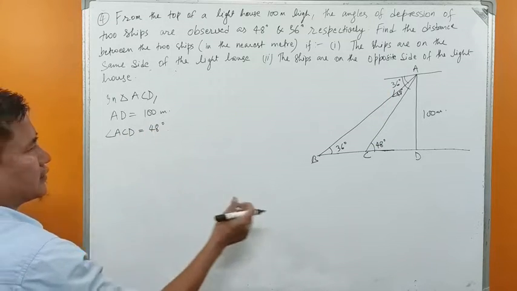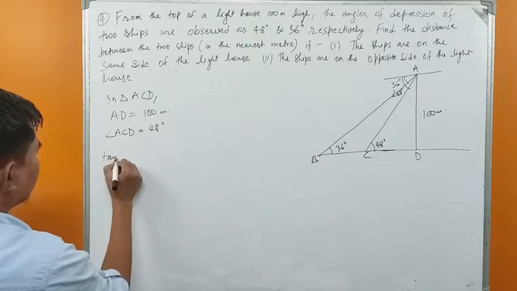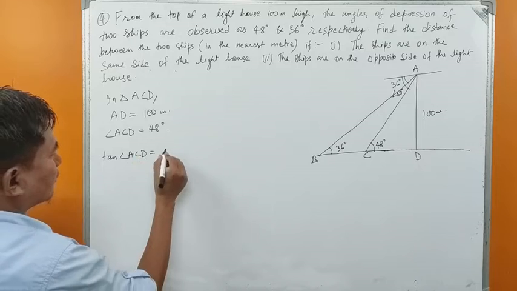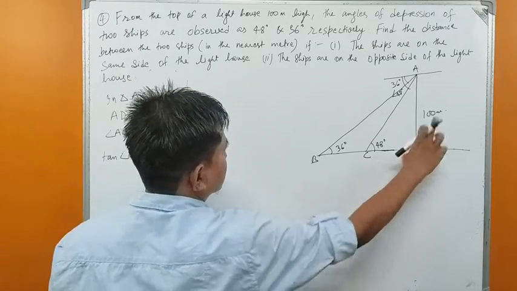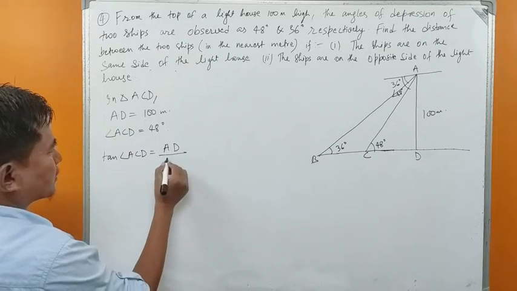Now applying tan theta, we can find CD. So tan of angle ACD equals perpendicular AD by base CD, isn't it? This is perpendicular, this is base, this is the angle.